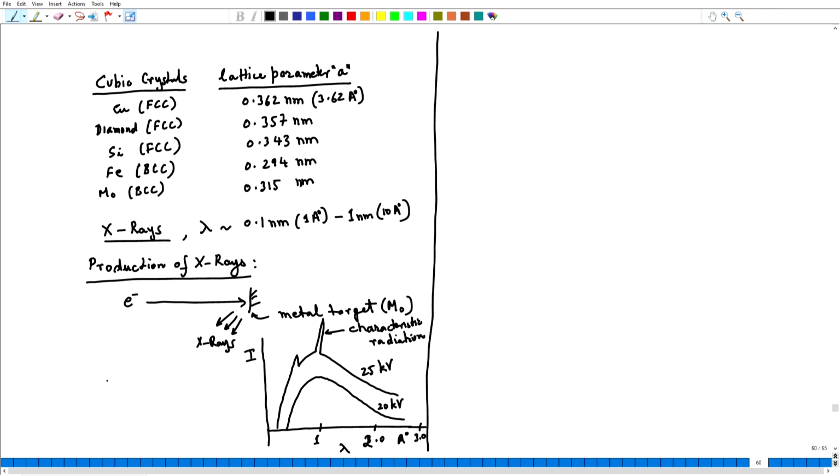Now, what is this characteristic radiation? Let us just look at it. Let us say this is the nucleus of an atom. Then I have the K shell, I have the L shell, and let us say the M shell.